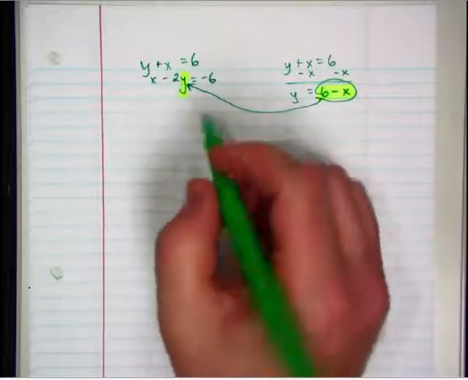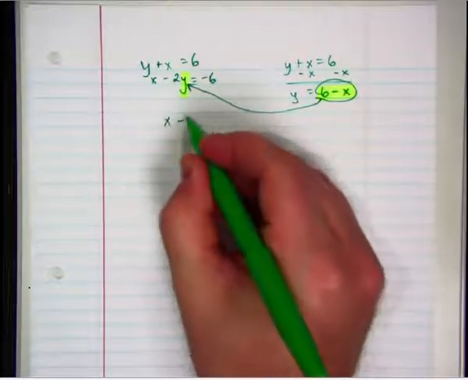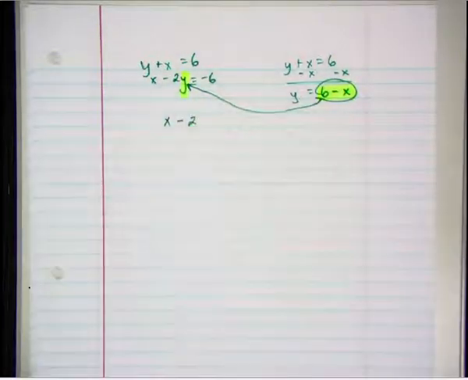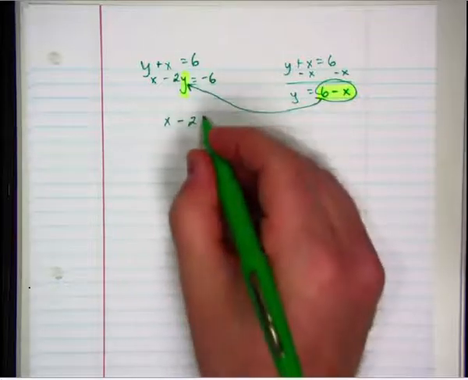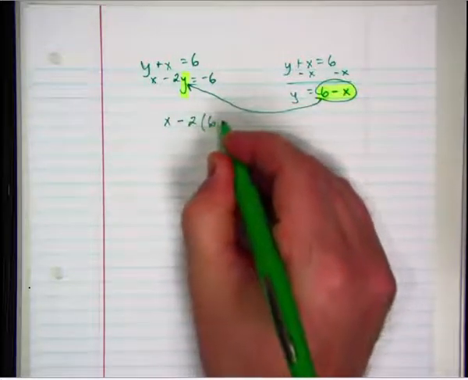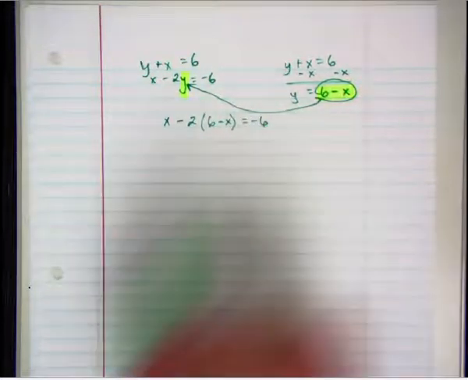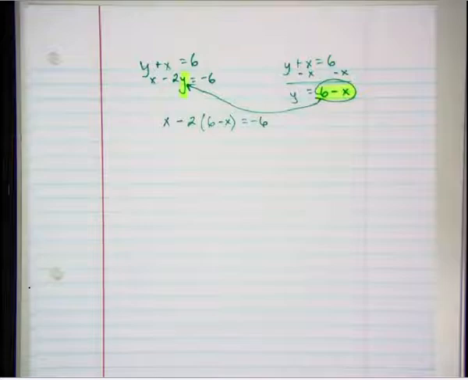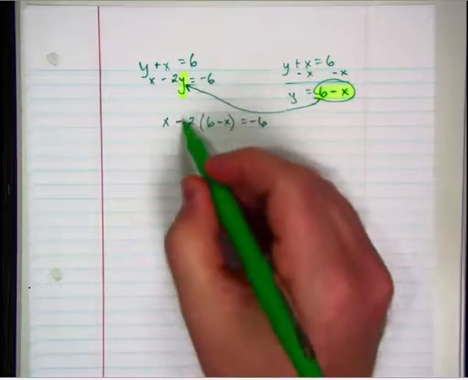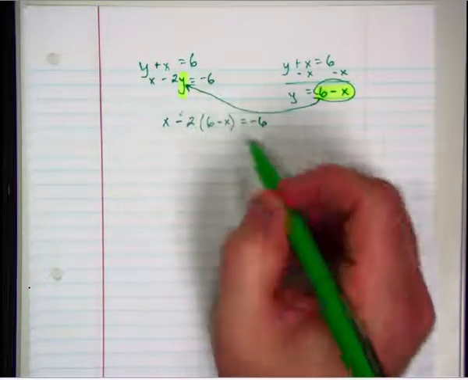Notice that there's a 2 in front of the y. So this is going to be x minus 2, and since I have that 2 there, I need parentheses. So I'm going to have 2 times 6 minus x, and then the equals negative 6 for the rest of the equation. This, notice, is going to be distribution, and I'll pay careful attention to this negative right here.